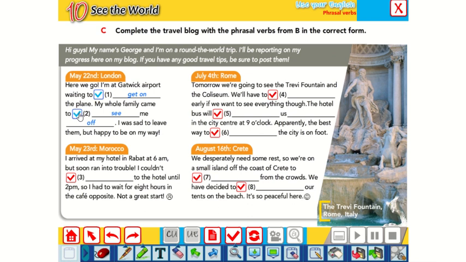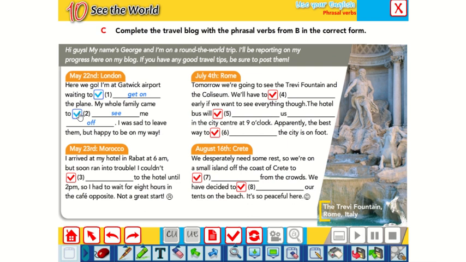Now let's go to May 23rd, Morocco. Now we travel to Morocco. Let's see. I arrived at my hotel in Rabat, the capital city of Morocco, at 6 a.m. but soon ran into trouble. I couldn't space to the hotel until 2 p.m. I couldn't what?